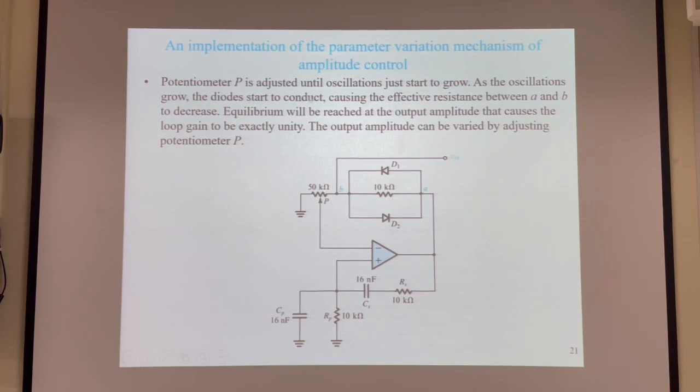So diode starts to conduct, causing the effective resistance between A and B to decrease. See, if they are not conducting, we have 10 k ohm, but when they start to conduct, their effective resistance decreases.